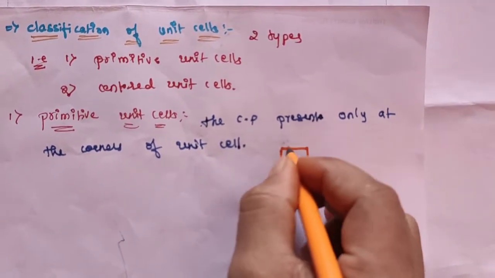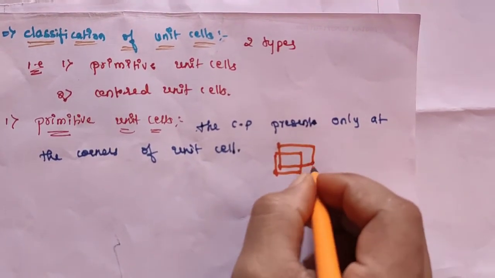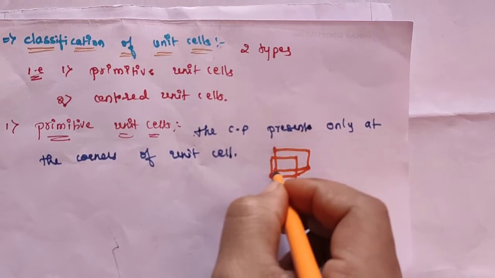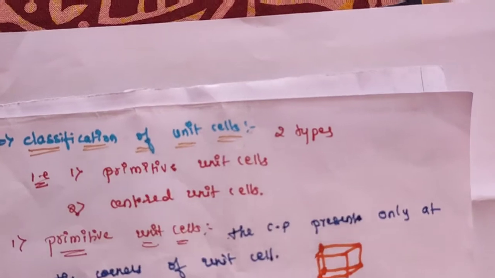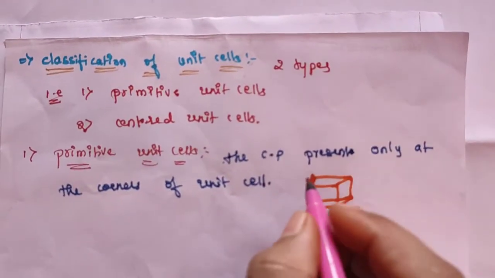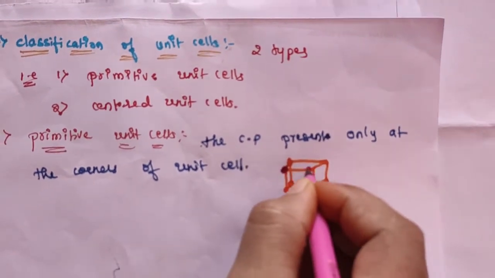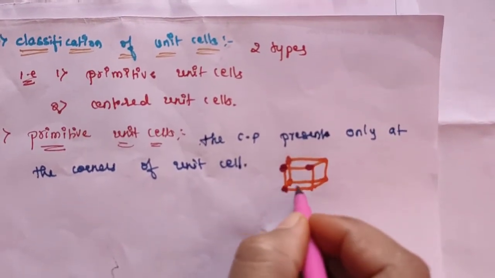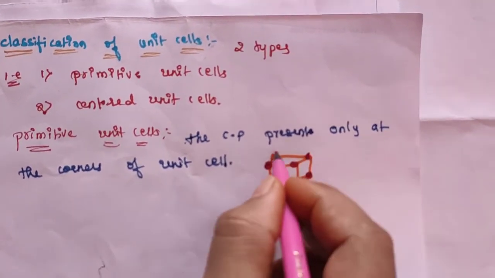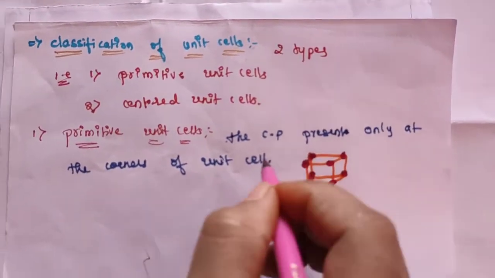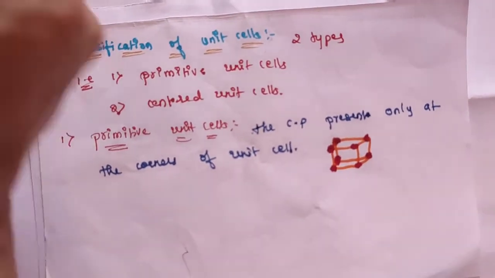The constituent particles may be atoms, molecules or ions. You have to note that the constituent particles are present only at the corners of a unit cell. So this type of unit cell is called a primitive unit cell.